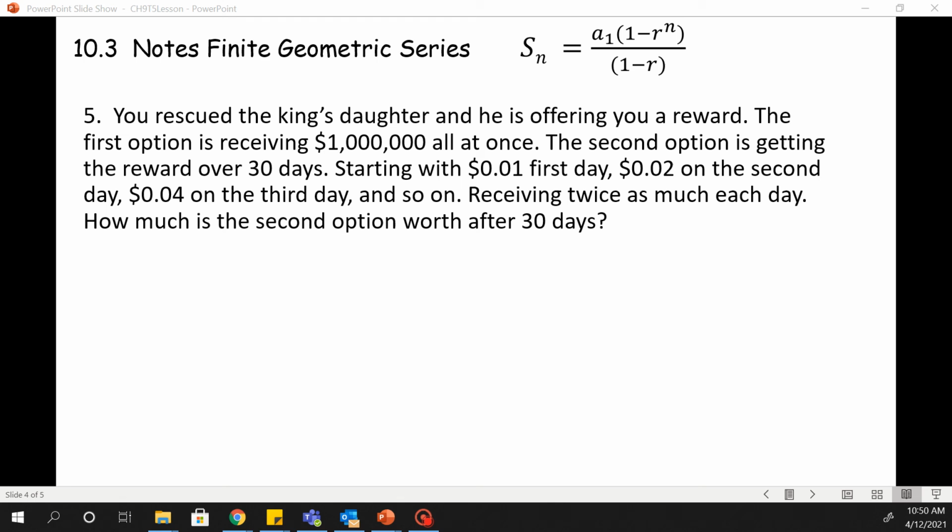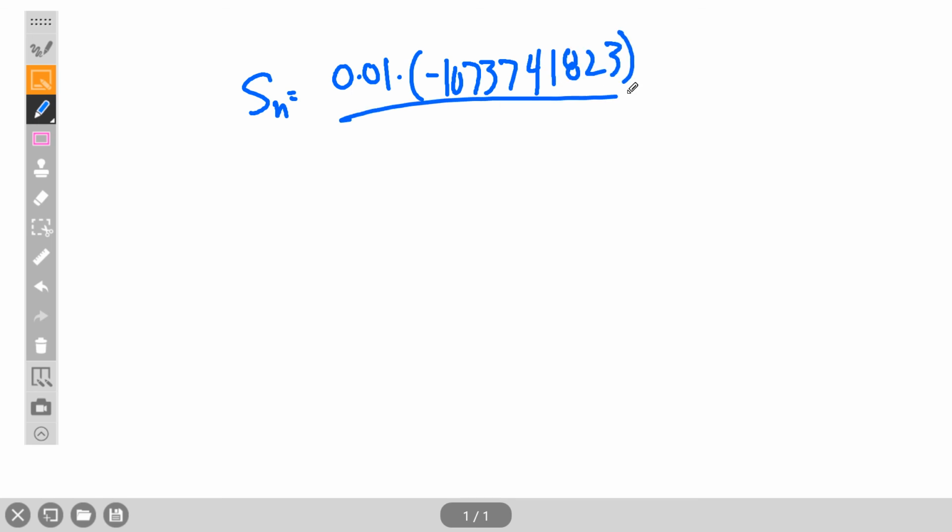Let me pick up where I left off, so I don't have to start over. Okay, so where I left off was I had the sum 0.01 times negative 1073741823, and that was over negative 1.